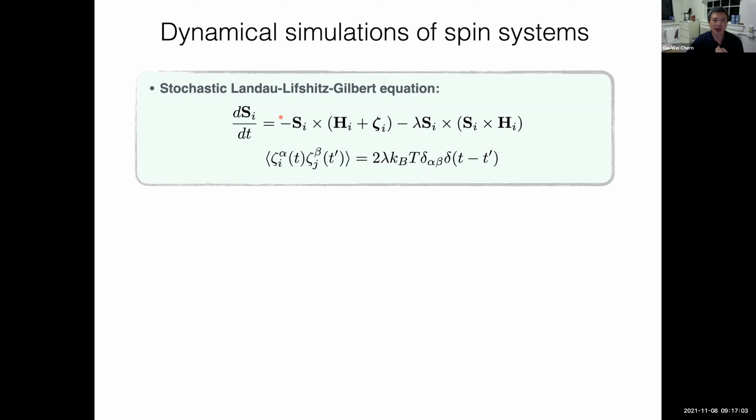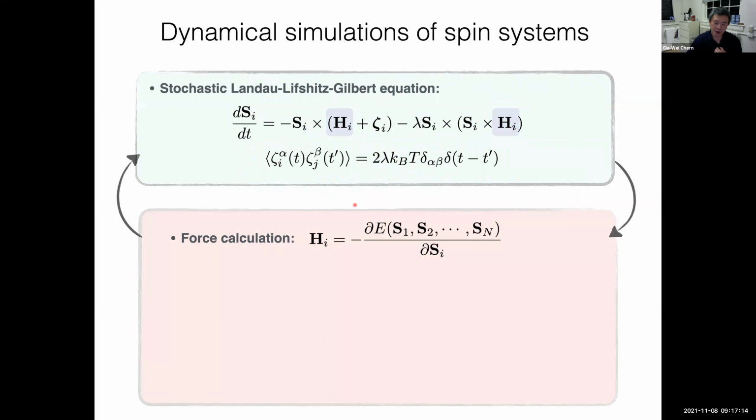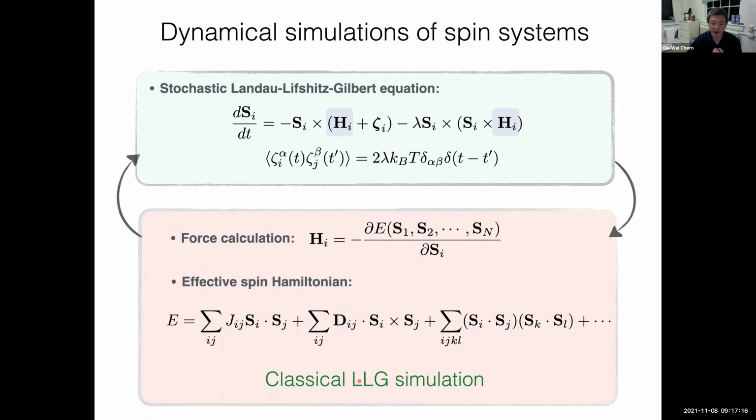So to perform this kind of LLG simulation, the most important part is the calculation of this force, or effective field H. In so-called classical LLG simulations, this force is computed as minus the derivative of some effective energy with respect to the spin.